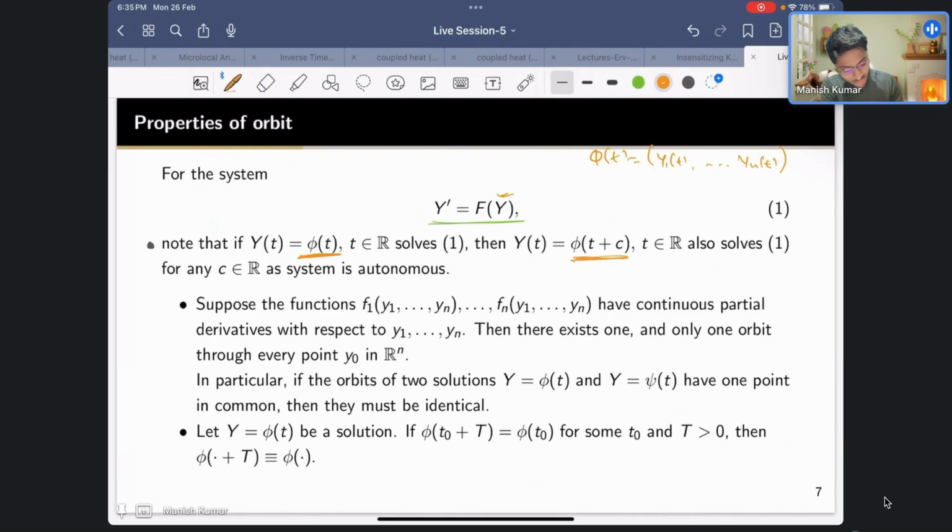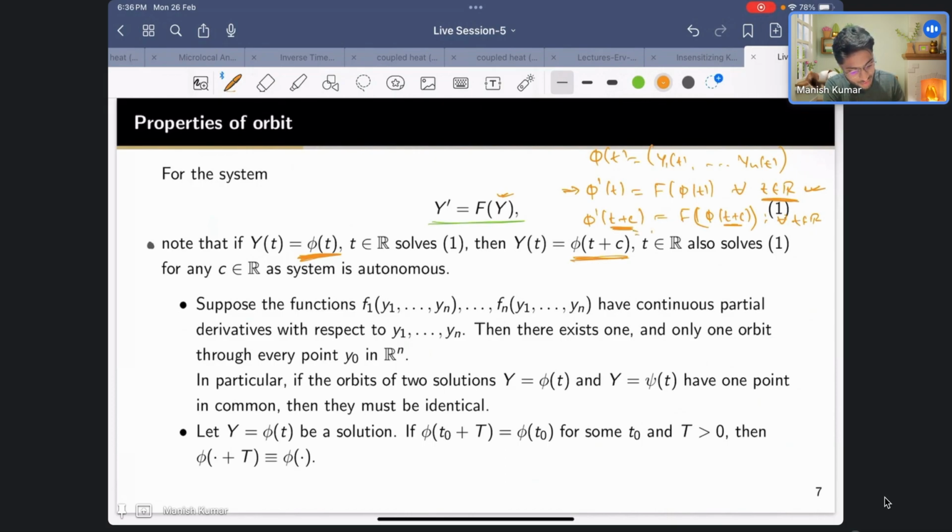Since phi prime t equals f of phi t for all t in R, phi prime of t plus c is also equal to f of phi of t plus c for all t in R, because you can represent t plus c as t tilde.